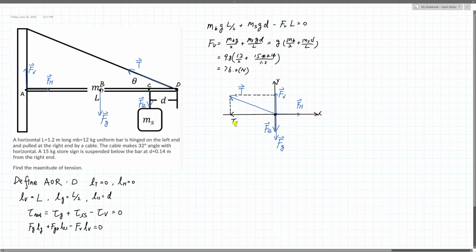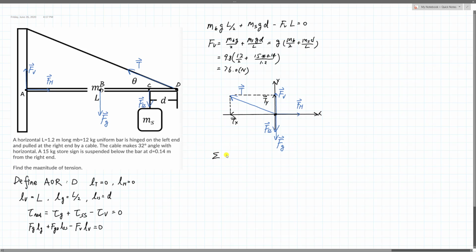So here's Tx, and here, very close to vertical, is Ty. The hinge force is vertical. Okay. So because of the equilibrium, all the forces are balanced.